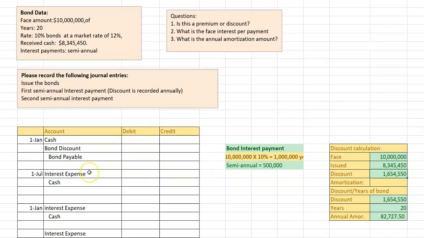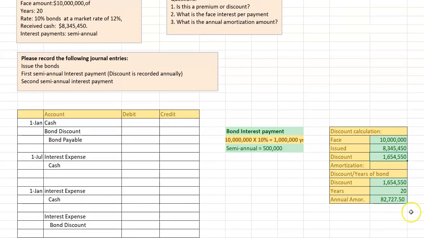Now this one, we are recording the interest payment every 6 months, but we only record the bond amortization once a year. So how much do they pay for that interest payment? Well, that's right here. We're doing it semi-annual, so that's $500,000.